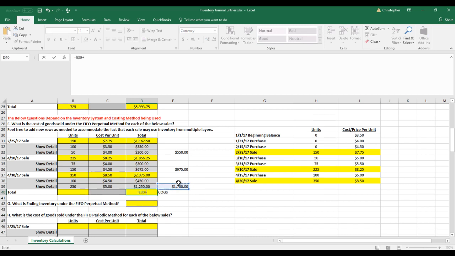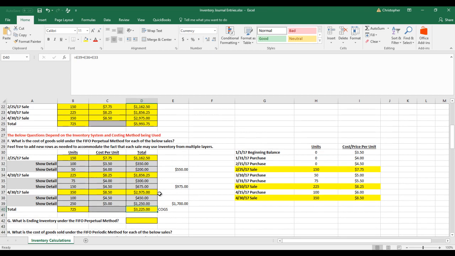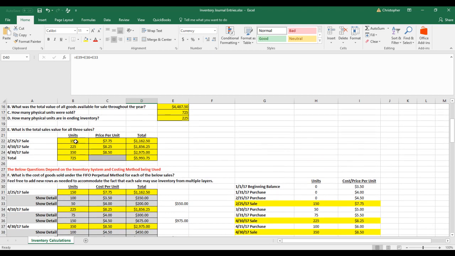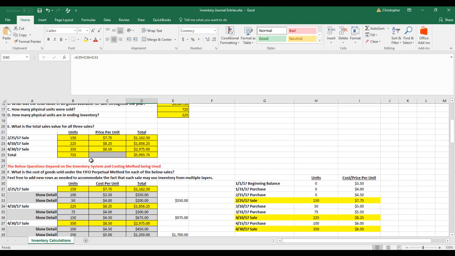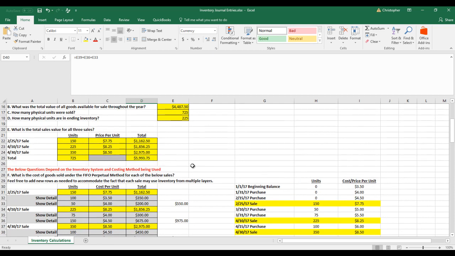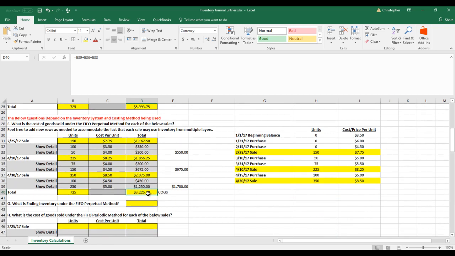So I'm just going to add up our three subtotals on the side. And remember, you can just use the sales quantity here. We sold 725 units, and it cost us $3,225. If you look back up above, we know we did sell 725 units for a total of $5,993.75. The cost was $3,225.